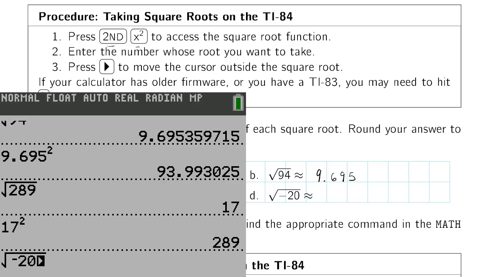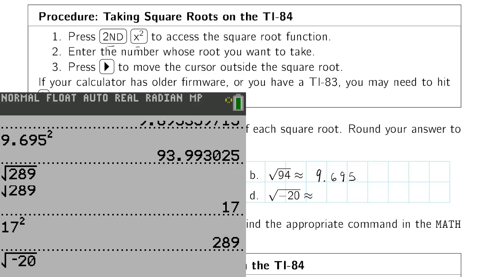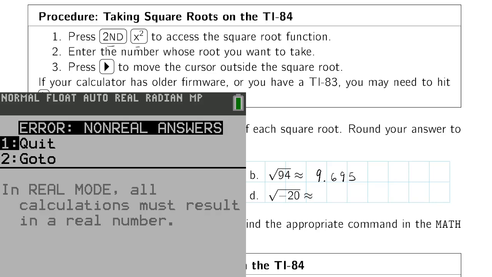Those are different on the TI-84. And when I hit enter, I get an error message. Right? This error says non-real answers. And it says something about being in real mode. We want to be in real mode.